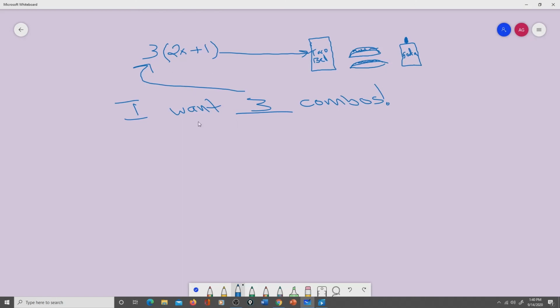If I want 3 combo meals, then how many tacos am I going to get? Well, I'm going to get 1 meal's worth, 2 meals' worth. I understand that my tacos look fantastic, guys. You don't need to tell me, but I get it. And you get 3 meals' worth of tacos.